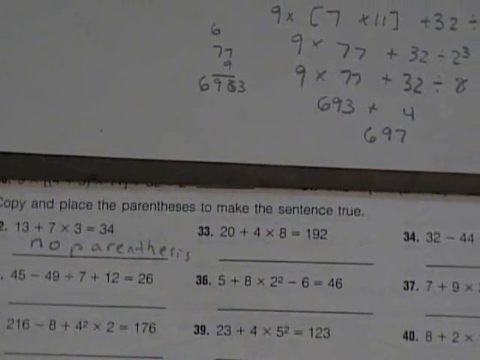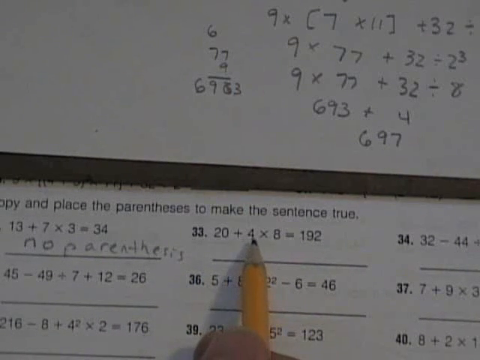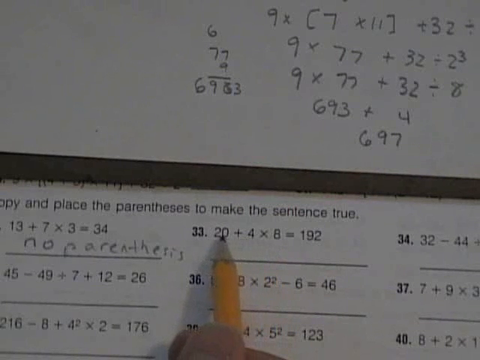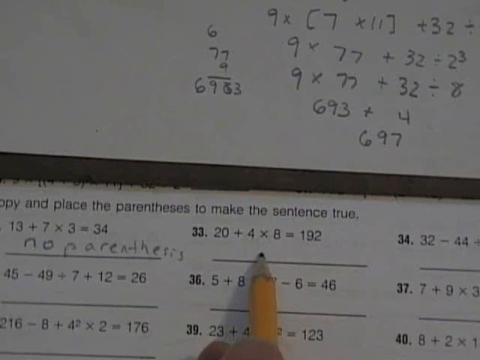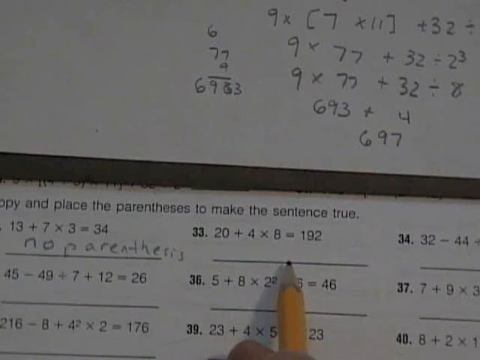Number 33. Okay, let's take a look. Remember, we do multiplication first. So 4 times 8, that's 32. 20 plus 32 is 52. That's not right. Alright, so let's find out how we're going to get the parentheses here.